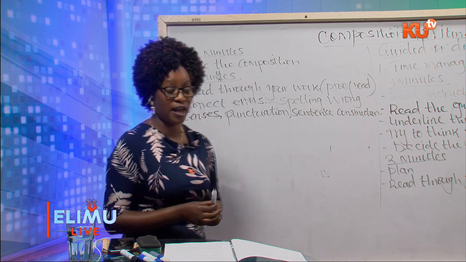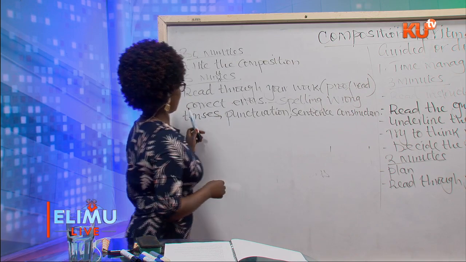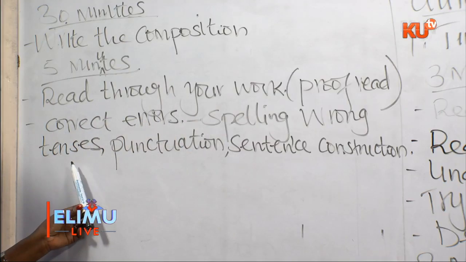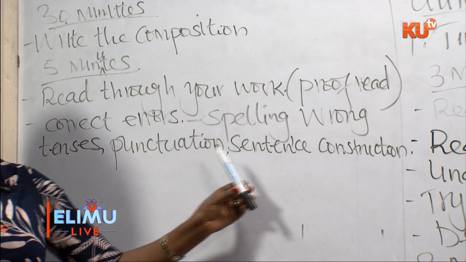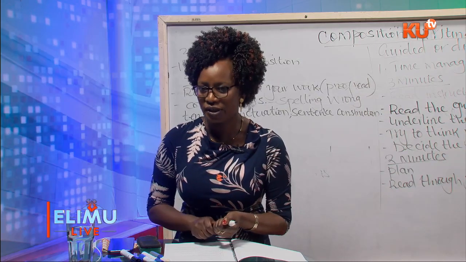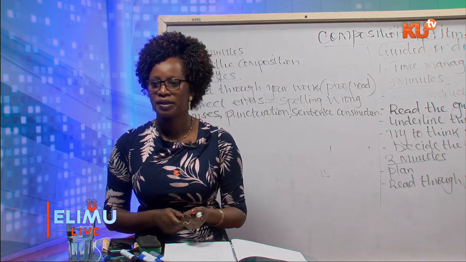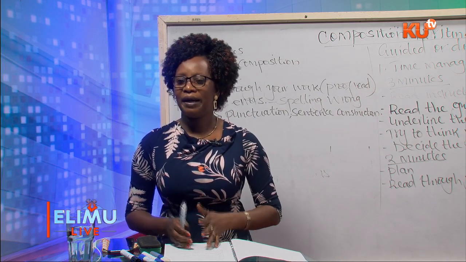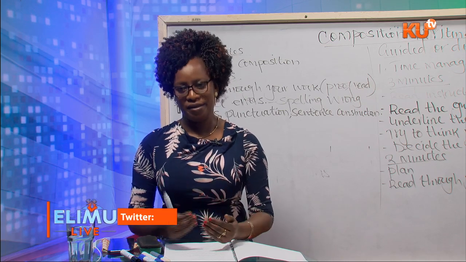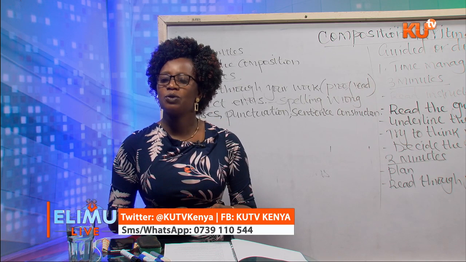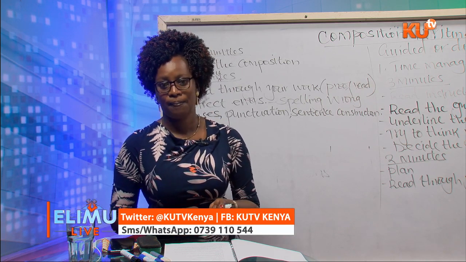And we have given the examples of errors, that is, errors of spelling, wrong tenses, punctuation, and sentence construction. And with that, you won't have challenges with time management during your writing. You will simply and happily hand in your script, and you'll feel comfortable that you have done the best.